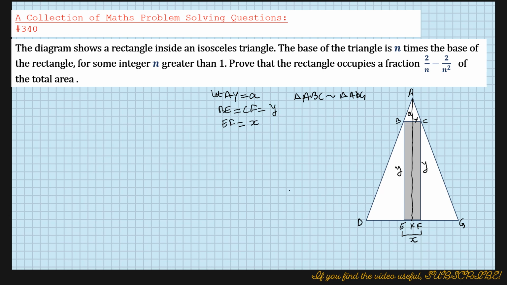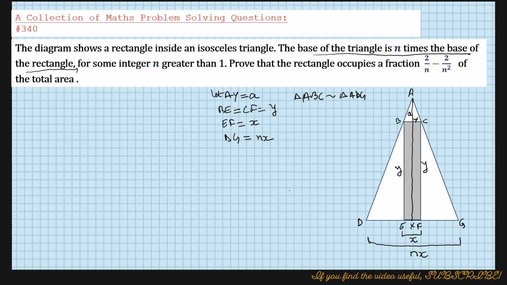So we can say that the base of the triangle is n times the base of the rectangle. So therefore DG should be equal to nx. So this is DG, this whole thing should be equal to nx.